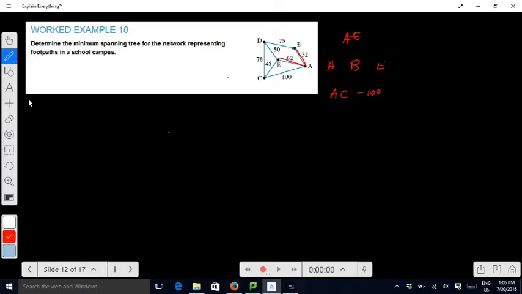So A to C was 100, E to C was 45, E to D is 50, and B to D is 75. I want this one because it's the shortest.